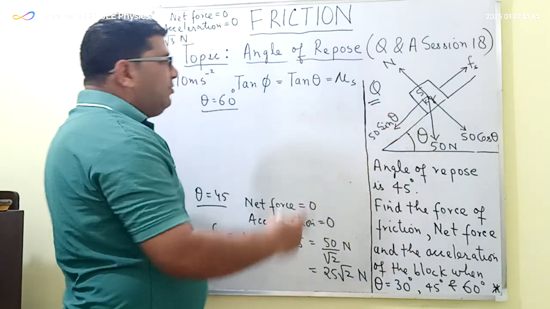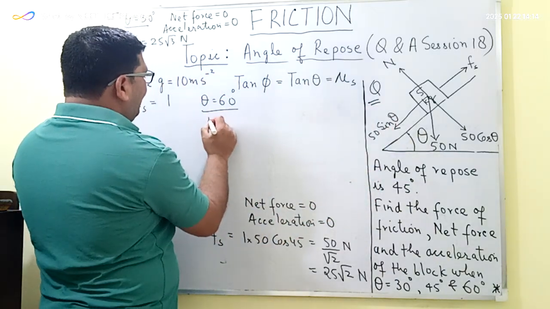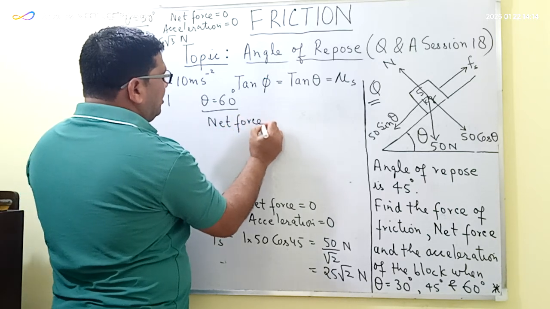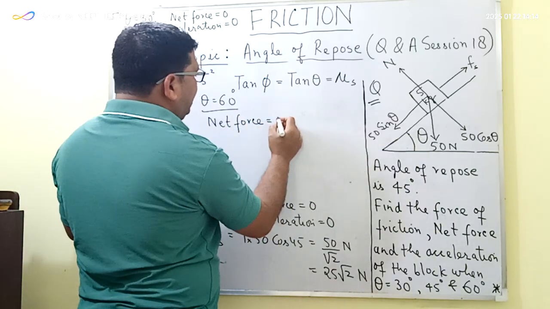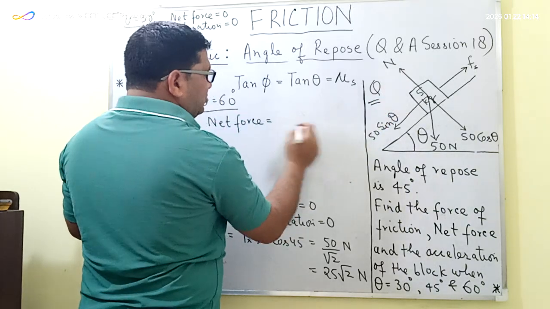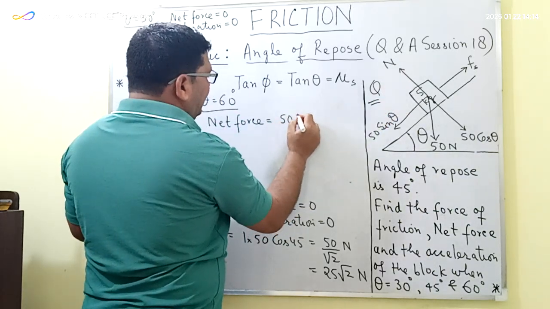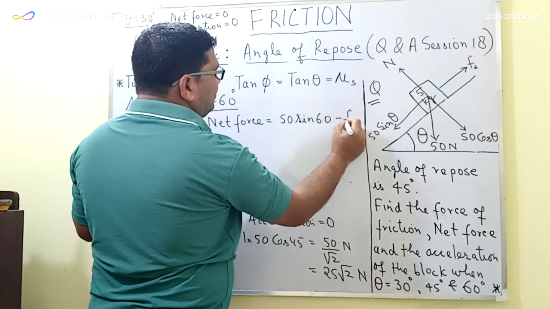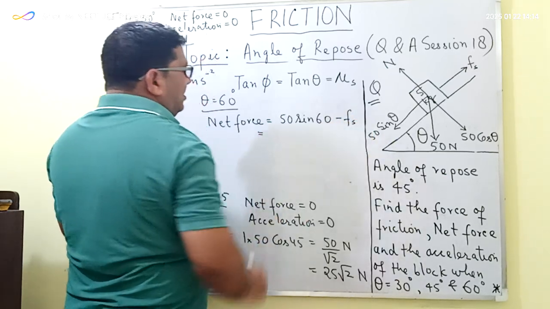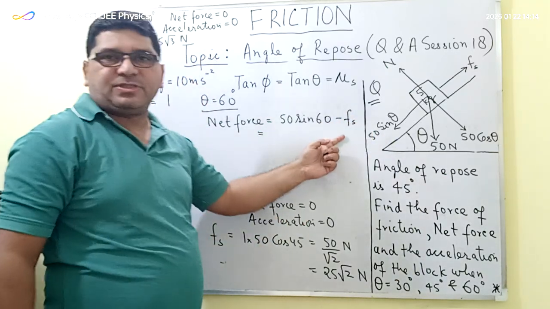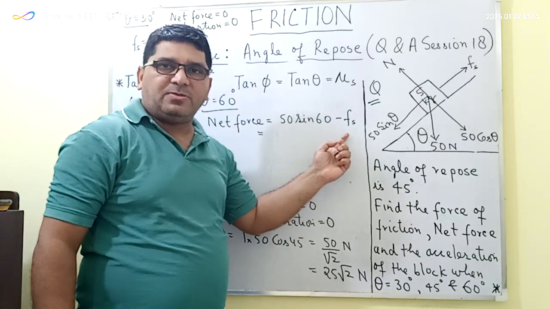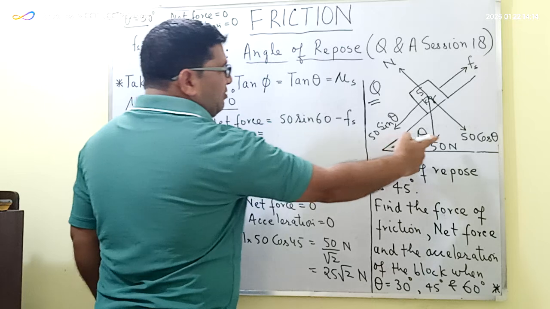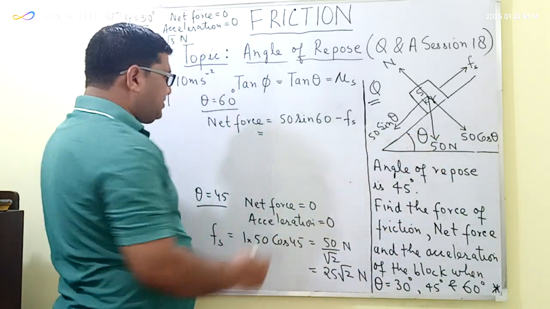This block will move down the inclined plane when mg, or you can say 50 sin 60, is more than Fs. So the net force will be equal to 50 sin 60 minus Fs. Here the force of static friction will be equal to mu s into n, and the normal reaction will be equal to 50 cos 60.